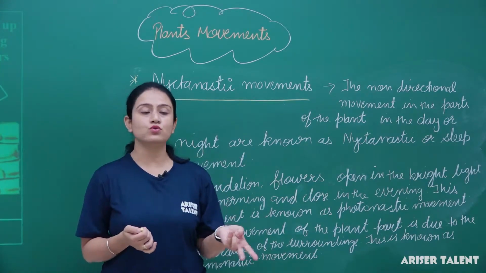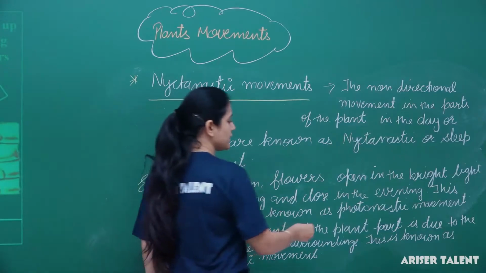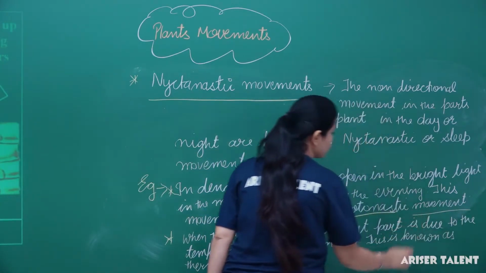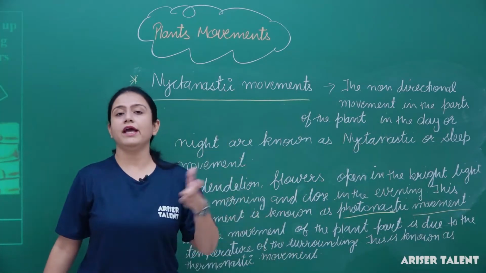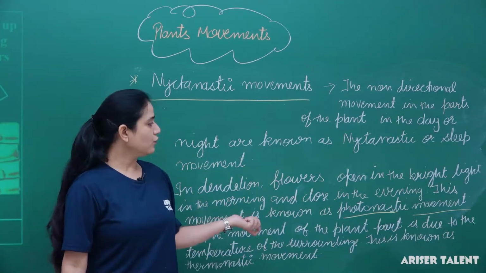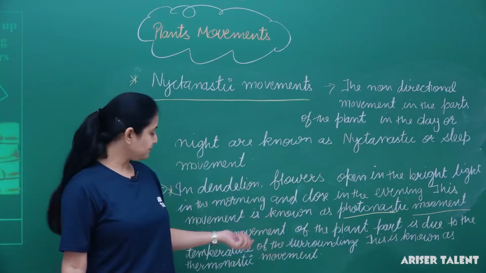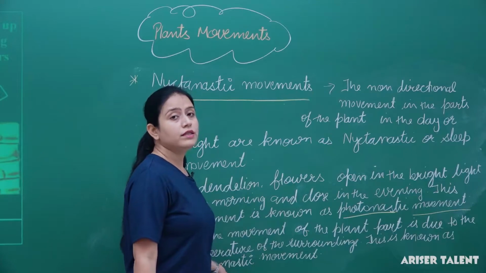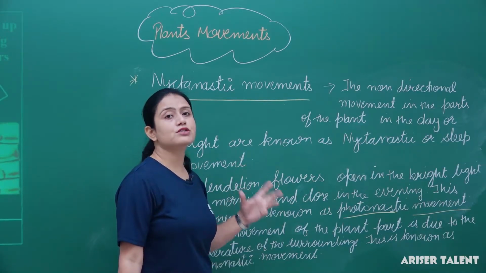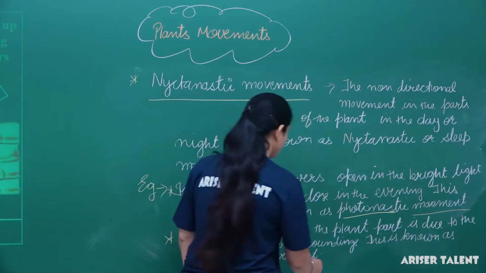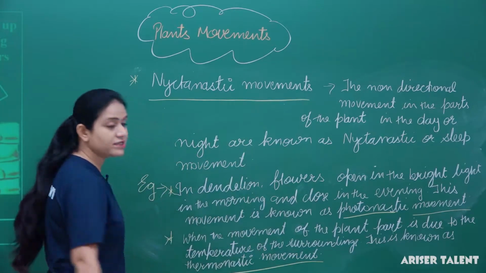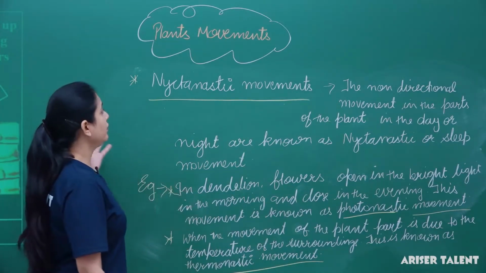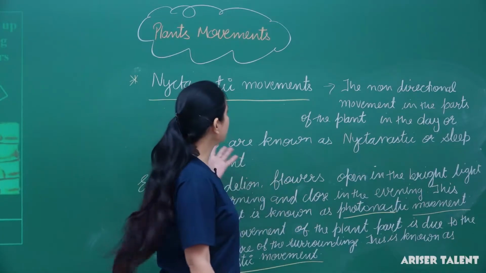They are again of two types. One is photonastic movement, when they show movement according to light. Photo means light. And when they show movement according to the temperature of the surroundings, that is known as thermonastic movement. Thermo means temperature. So here we talked about nyctinastic movements.